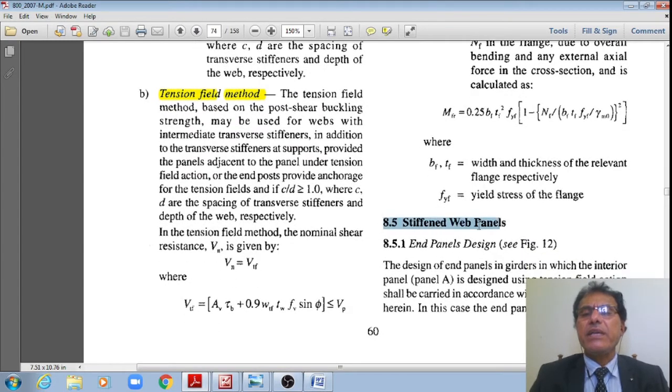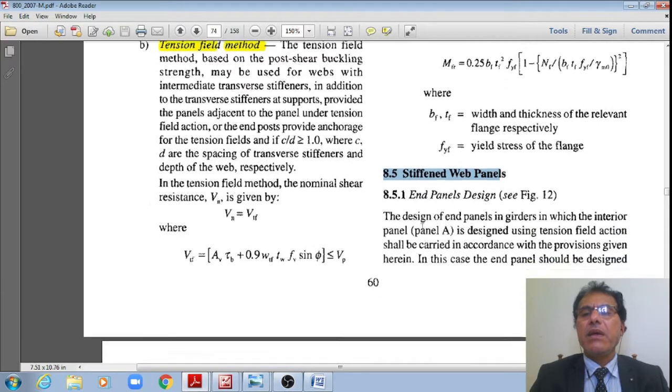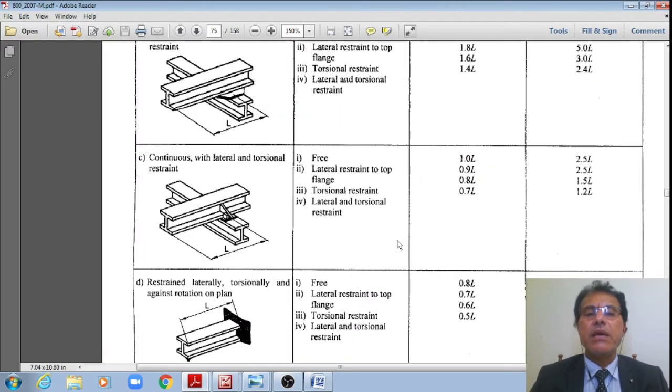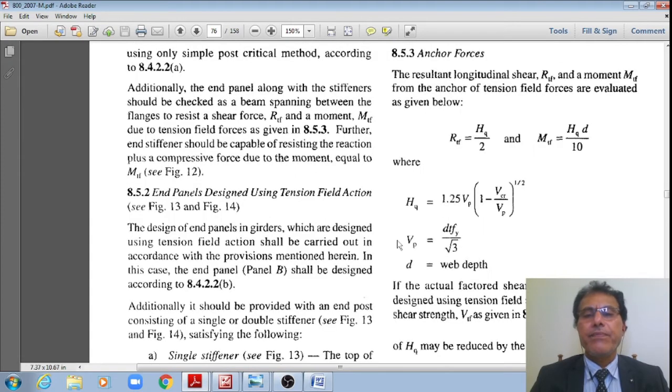Like that, if a stiffened web panel is there, then you just go through these codal specifications. I will not go through them now. These are required in the case of welded plate girder designs.